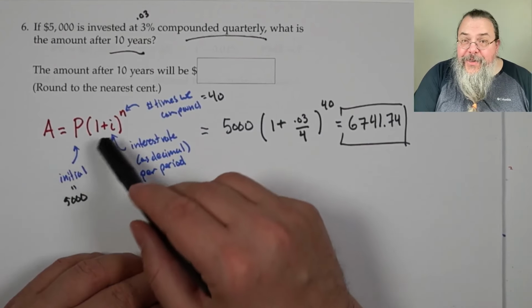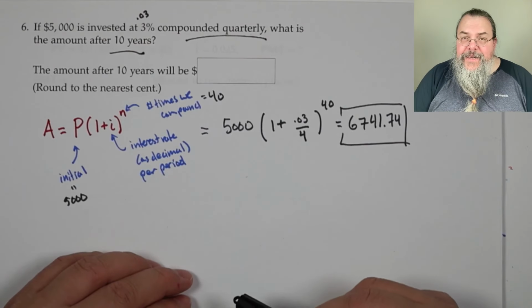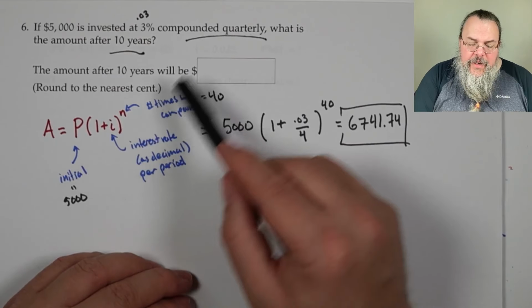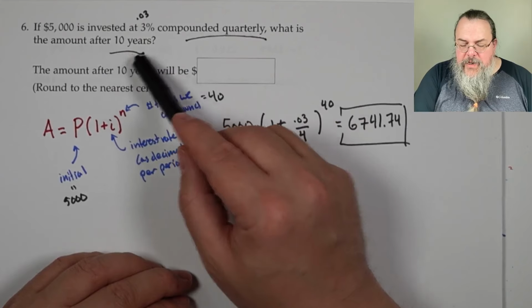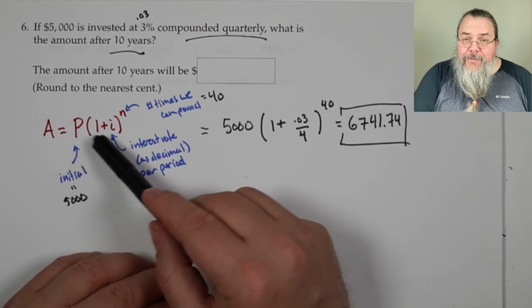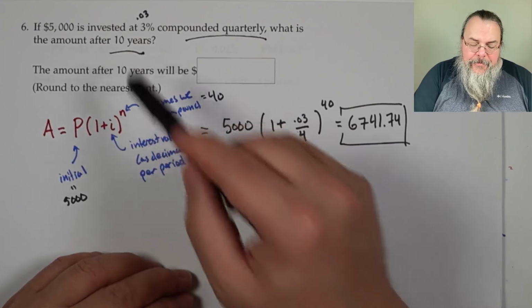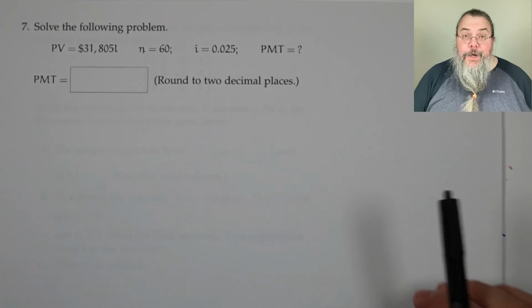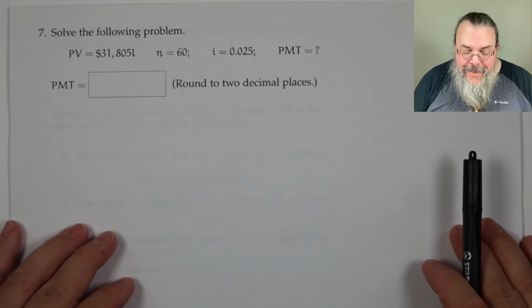Make sure you know that one. It's not too bad. And when you just think about what's happening, it's like, how many times do you compound? Well, number of years times number of times per year, that's n. And how much do you get every time? 1 plus this I.